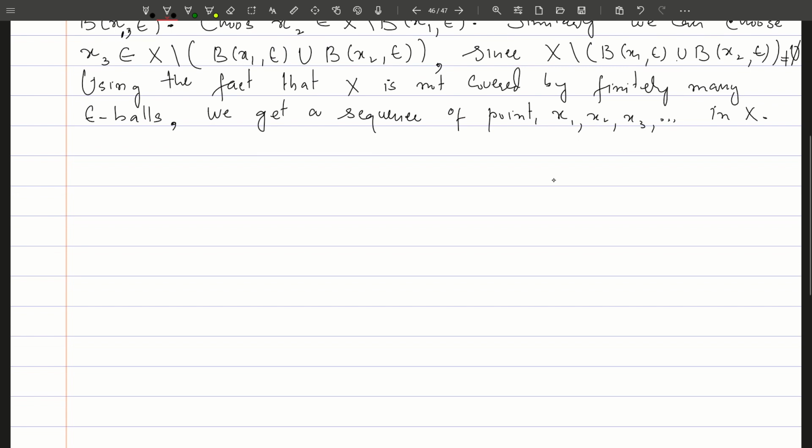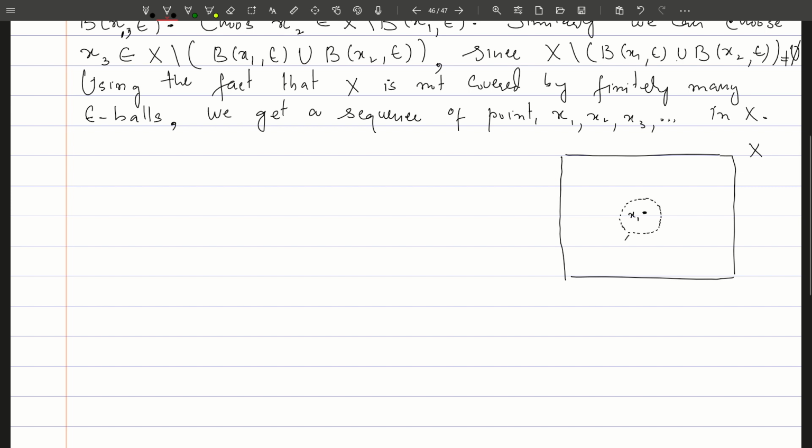Suppose this is the set X. Now we choose randomly a point, say x1 here, and we draw a small epsilon ball over here.